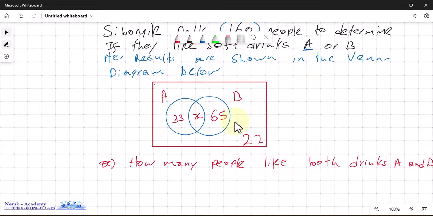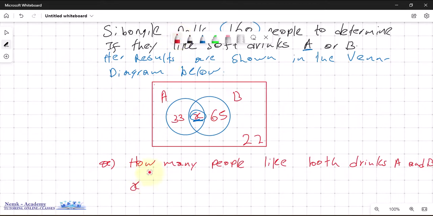To answer this question, what we're looking for is people who like both drinks. We're looking for these ones. So we're looking for X. That's both drinks.